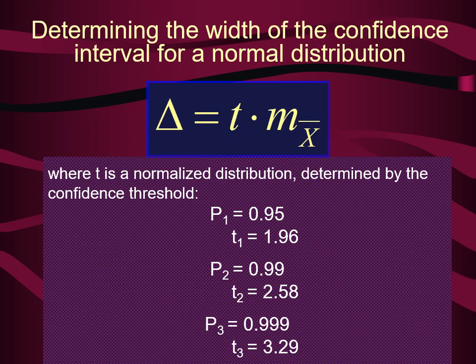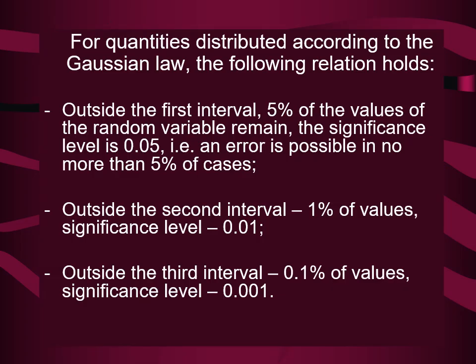Look, for a probability of 0.999, the width of the interval is already proportional to the coefficient 3.29. These values are delta, respectively, taking into account the confidence probability, taking into account the value t of the normalized deviation.